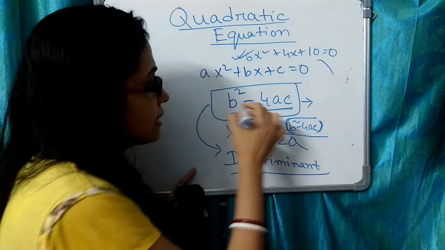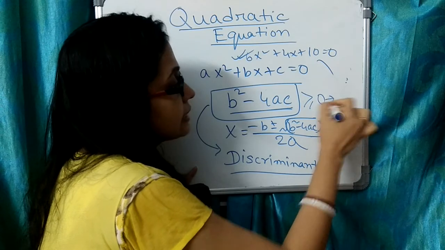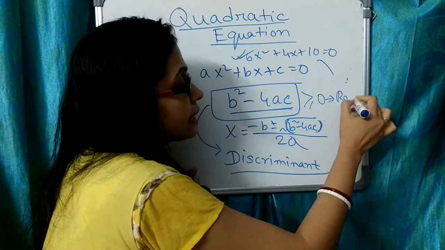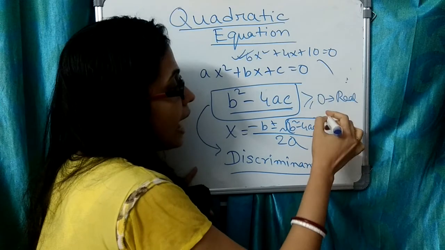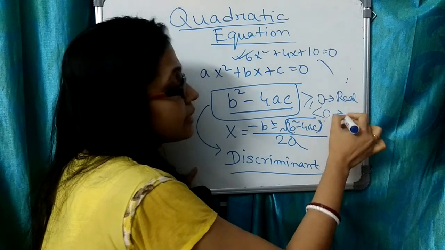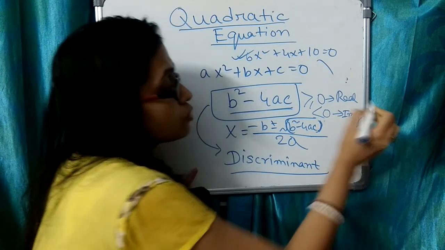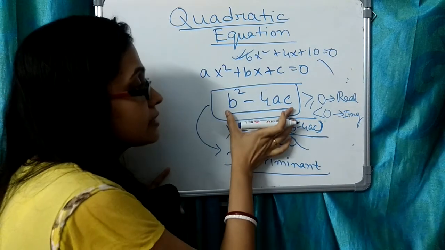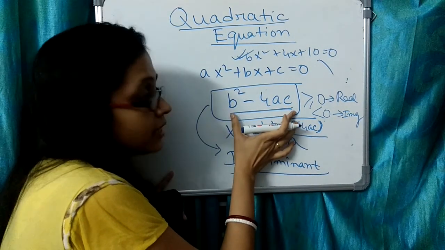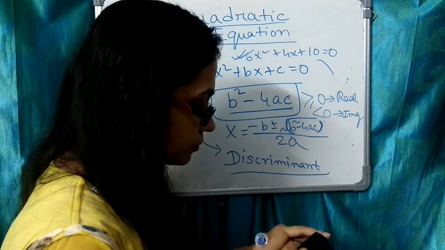That means if it is greater than or equal to 0, then the nature of the roots will be real, that is, the value of x will be real. And if it is less than 0, then the value of x will be imaginary.